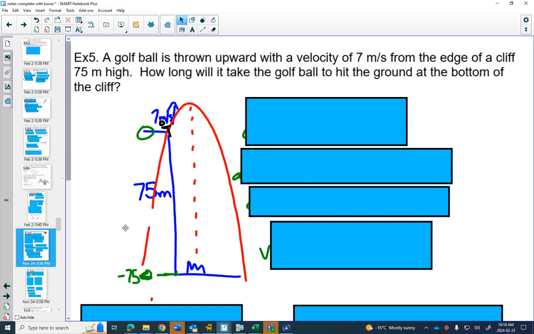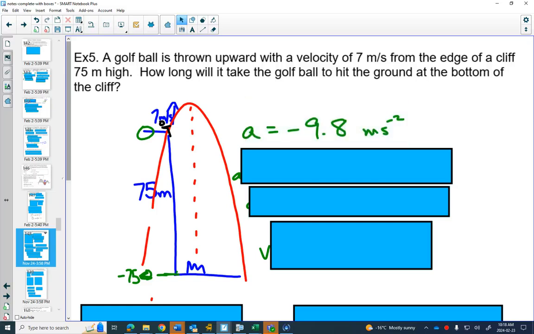What do we know? Okay. We know acceleration due to gravity is negative 9.8. So when we're thinking about SVA, we have the bottom given to us. We can work our way upwards.